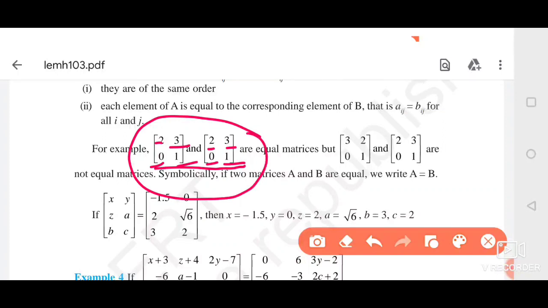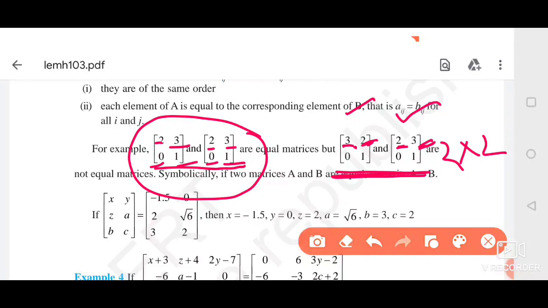But in these two matrices, our first condition is satisfied. Our first condition was they are of the same order. So these two matrices are of order 2 by 2. But see, here it is written 3 and here it is written 2. In the same way, the next number, here it is written 2, here it is written 3.